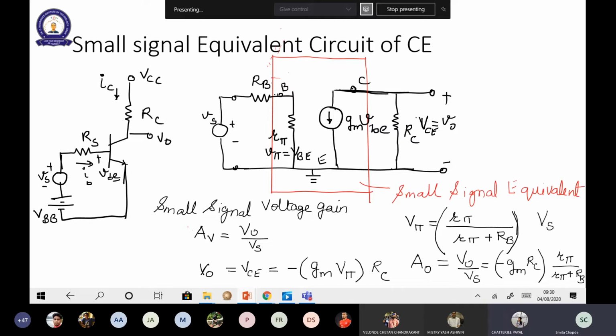Ma'am, base and collector should be reverse biased, and collector and emitter forward biased. What about the base to emitter? Ma'am, forward biased. Good. May I know your name? Ma'am, Payal. So the base to emitter junction is forward biased. Similarly, the collector to emitter junction has to be forward biased.